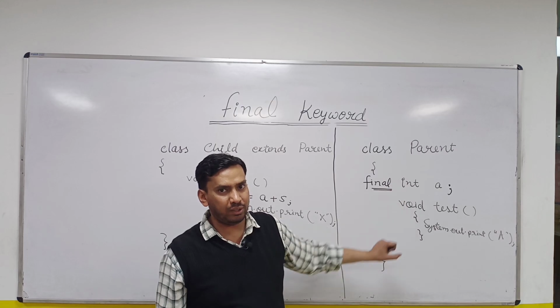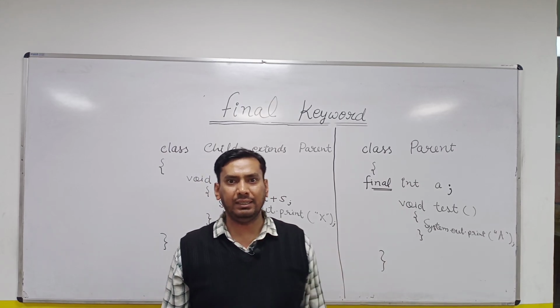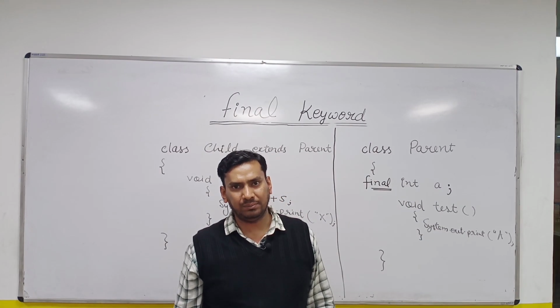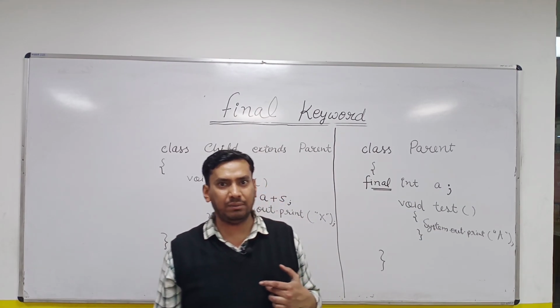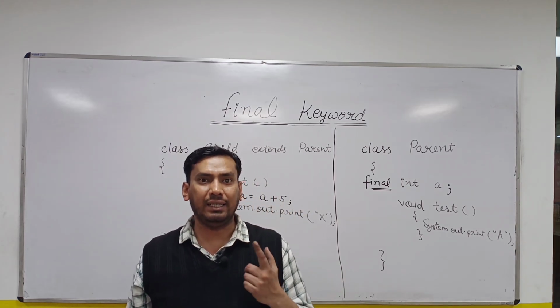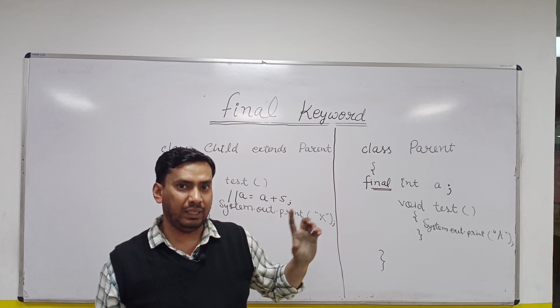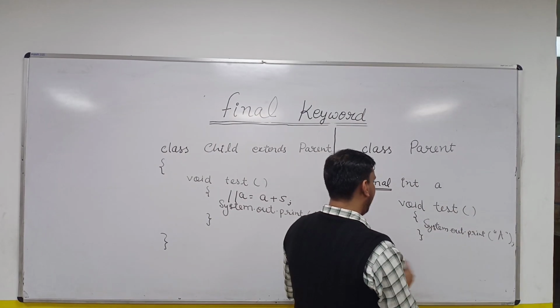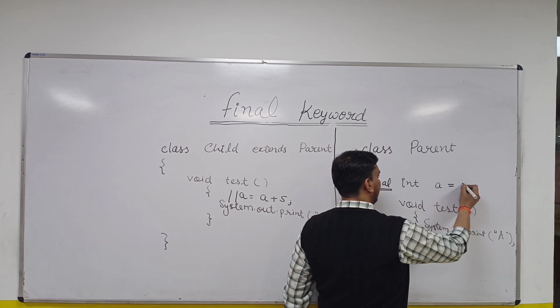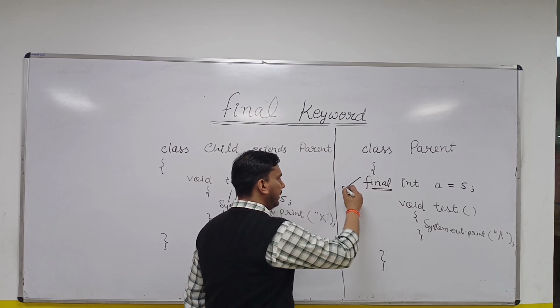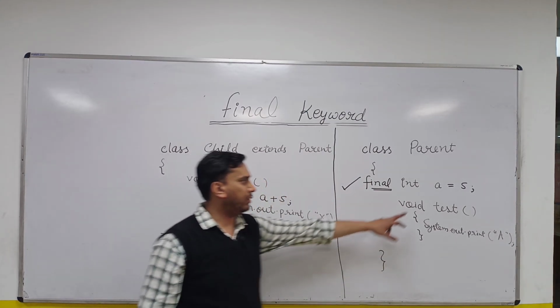So this code will not compile. It will give you a compilation error, because you are declaring final int a and it is not initialized. The error says variable a might not have been initialized. So whenever you declare a final data member, it's your responsibility to assign the value. The compiler will not provide a default value. So here I will have to write some value, let's say 5. Now this code will compile and its value cannot be changed.